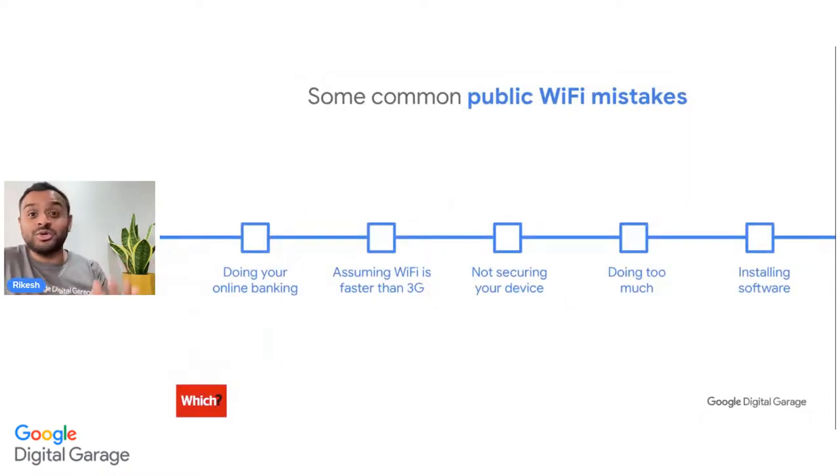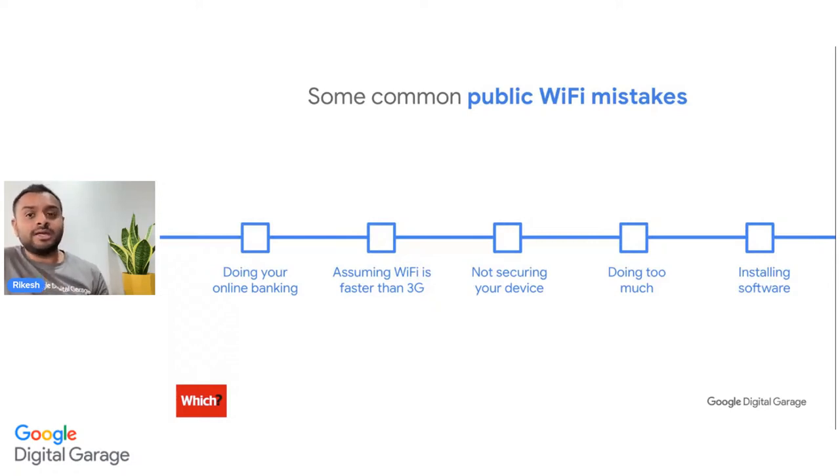So things like doing your online banking. That's probably the most personal thing that we can do online, is personal banking. So when it comes to public Wi-Fi, at all costs, we want to steer away from that.